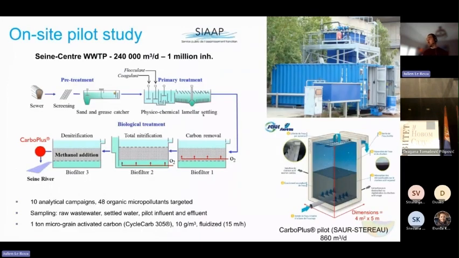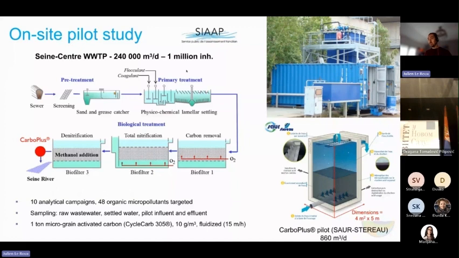This is where this pilot was located. It's on the Seine-Centre wastewater treatment plant, one of the most important wastewater plants in France, treating wastewater for around 1 million inhabitants. Here you see the scheme of the plant with the primary treatment and biofilters for biological treatment, and finally denitrification and discharge in the river.